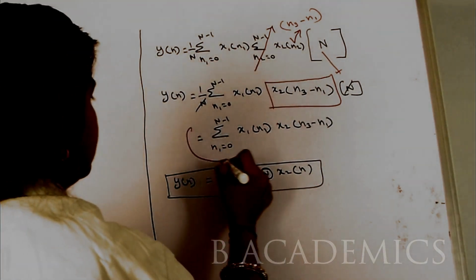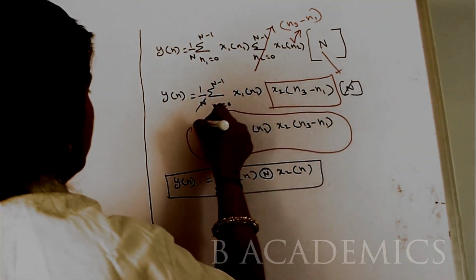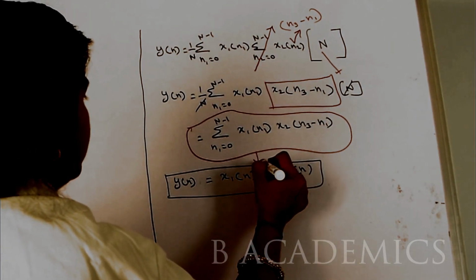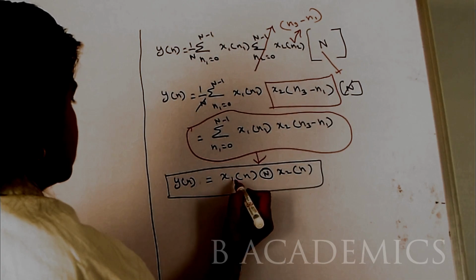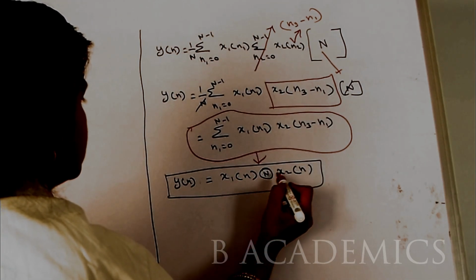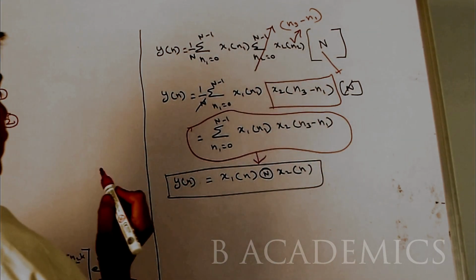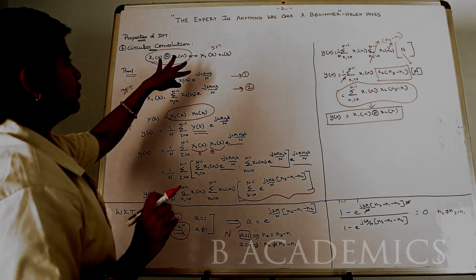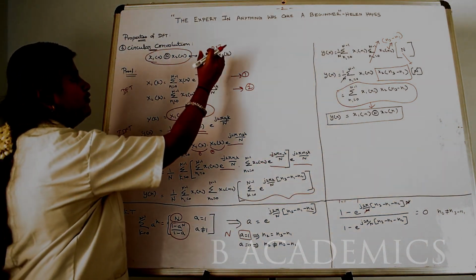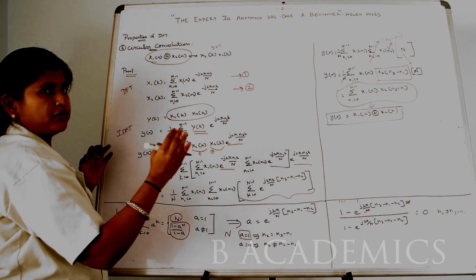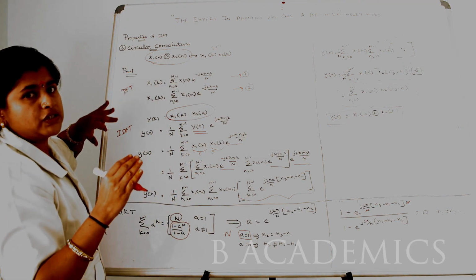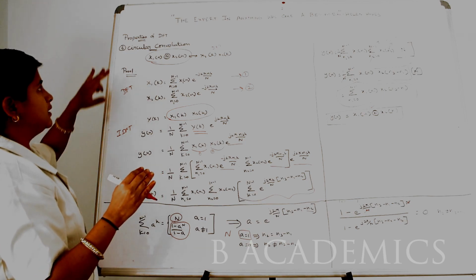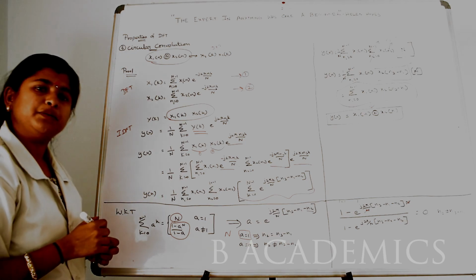This is nothing but your convolution formula. So I can rewrite this expression as y of n is equal to x1 of n convolution x2 of n. So this statement has been proved: the product of the DFTs of two sequences is equivalent to the convolution of the two sequences. Hence the circular convolution property has been proved.